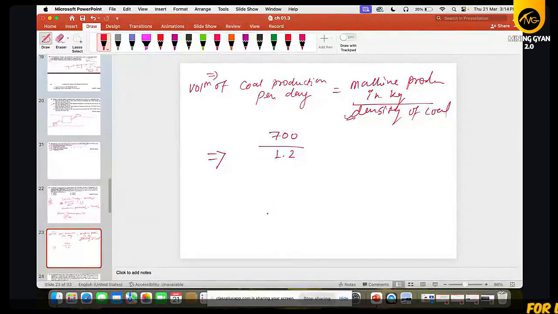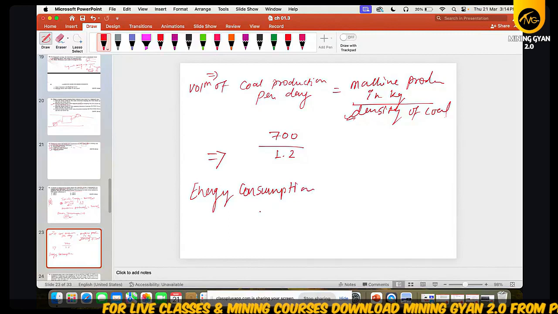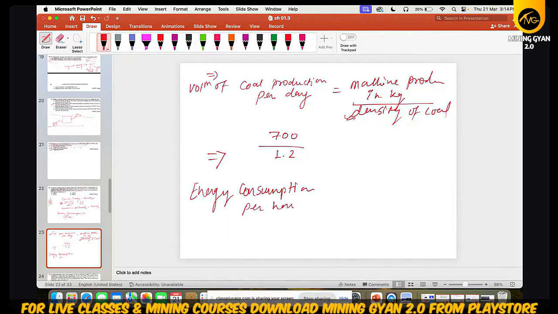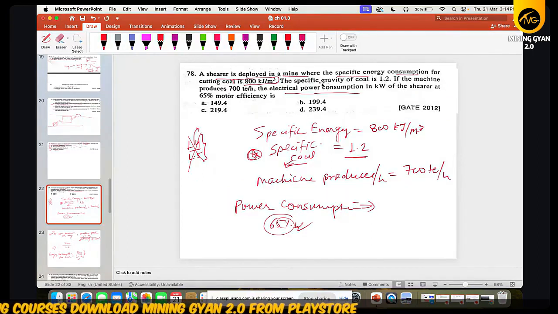Okay, and now we can calculate the energy consumption. Energy consumption per hour, what will be the value? 700 divided by 1.2. This is the production, multiplied by your specific energy consumption for cutting coal.